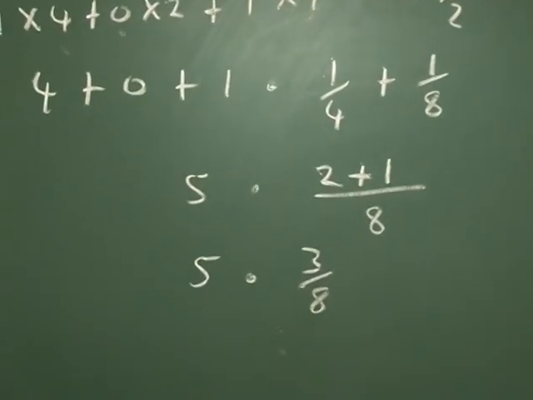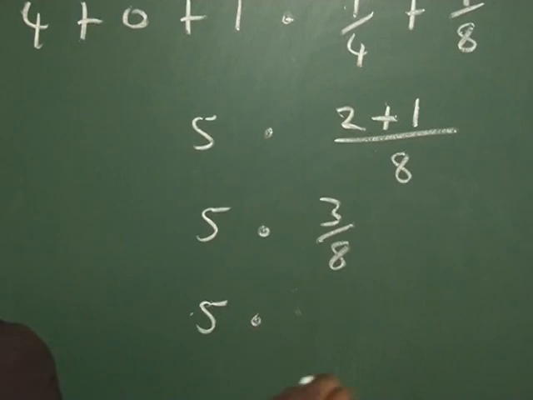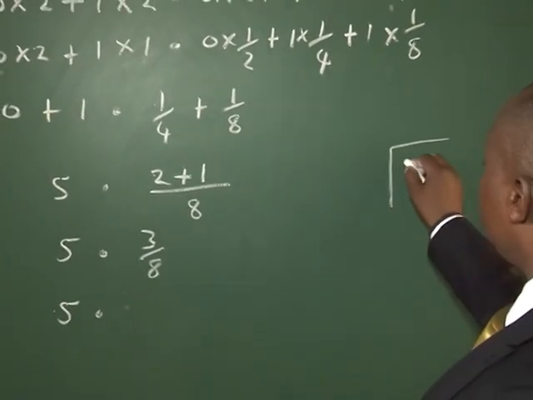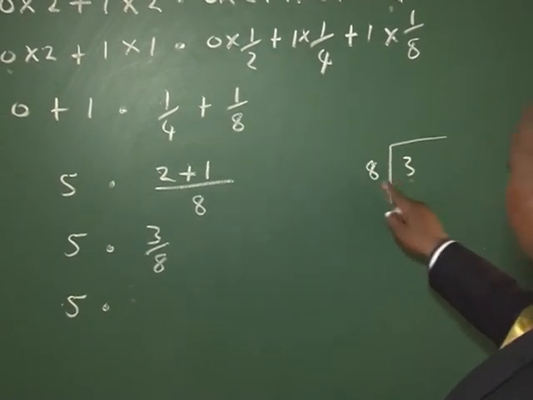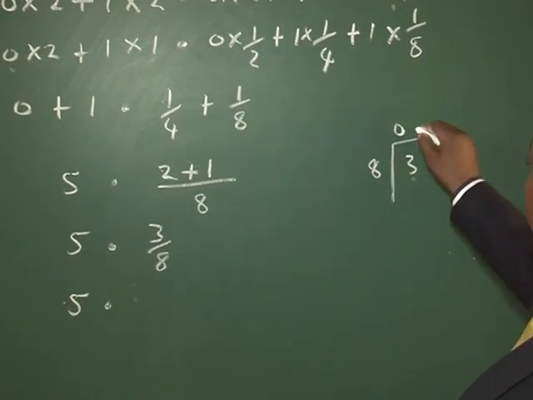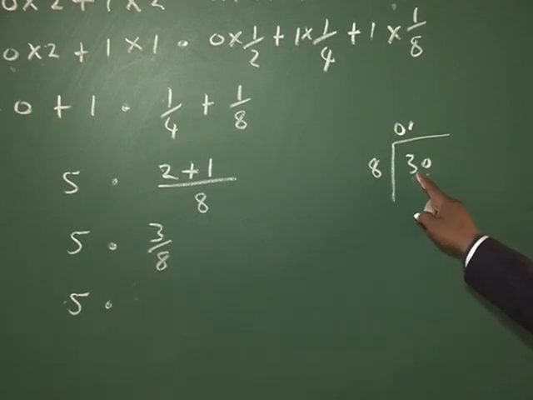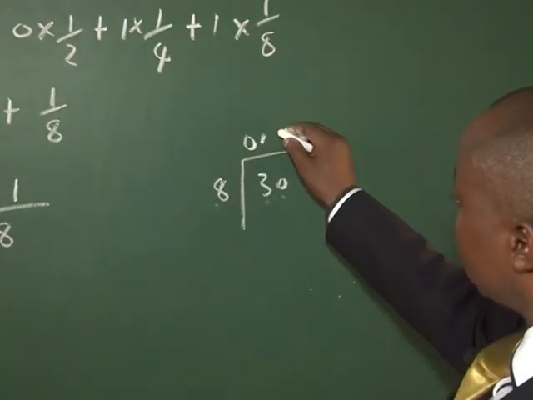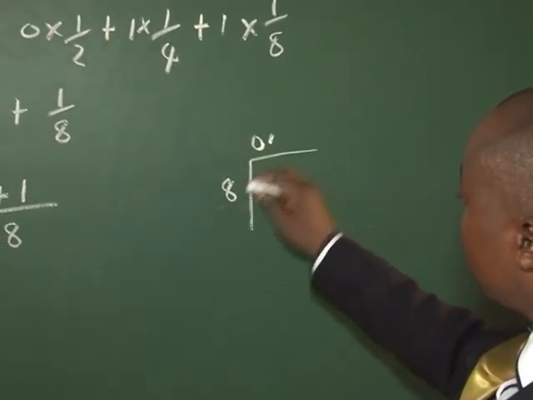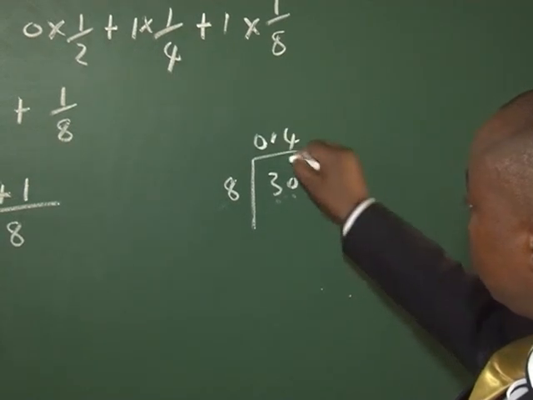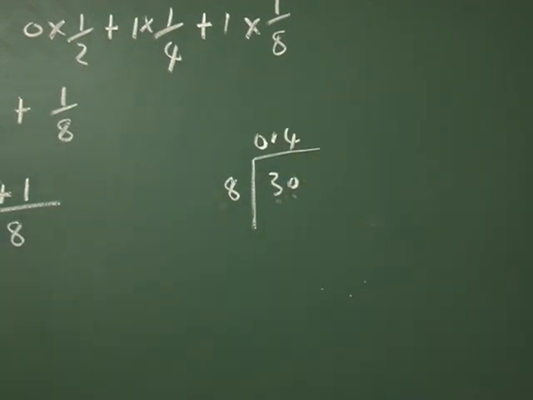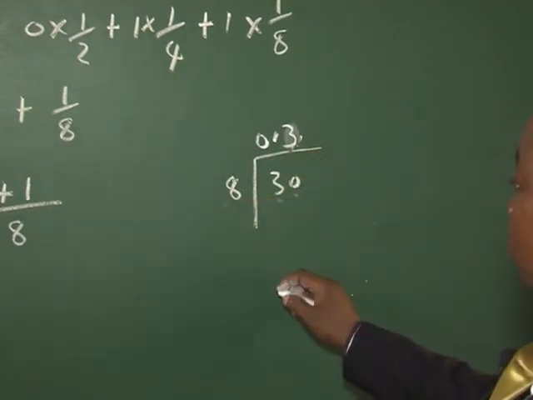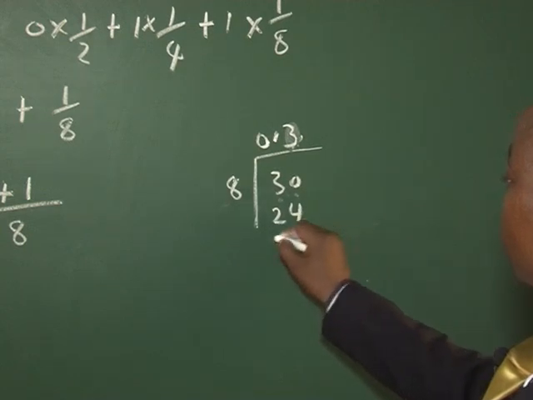But we can also find the fractional part as a decimal. Let's divide 3 over 8 using the long division method. 3 divided by 8, we cannot, so we add 0 here. 30 divided by 8, we will have 3. 3 times 8 is 24.